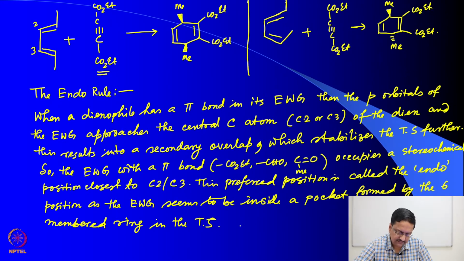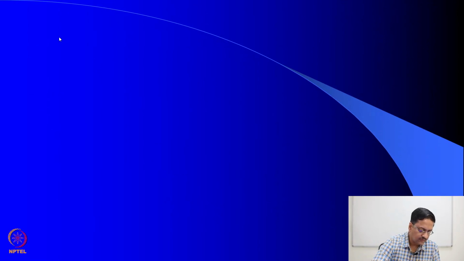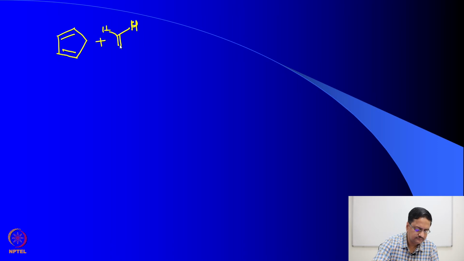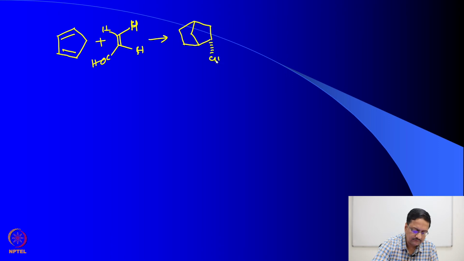When you have this compound, the cyclopentadiene, and you are treating it with the aldehyde here like this, the product would be like this.